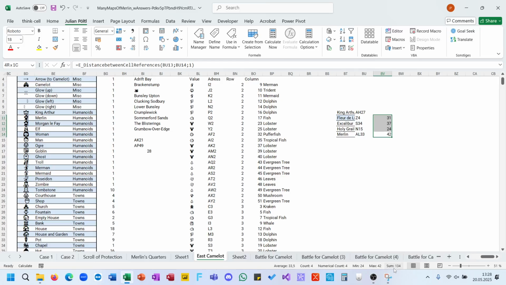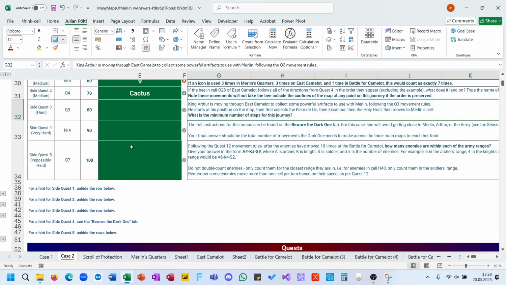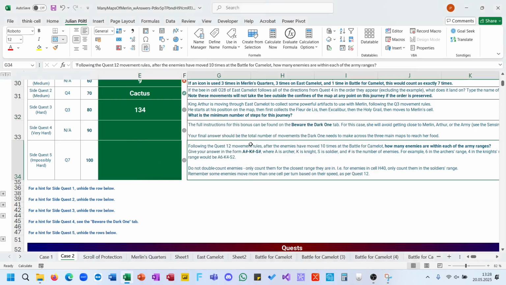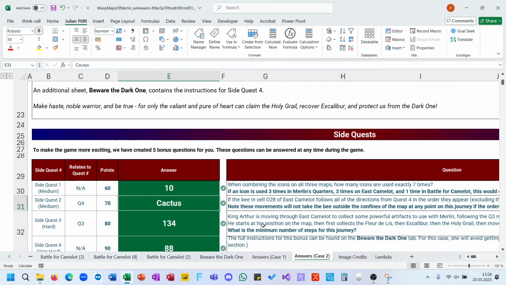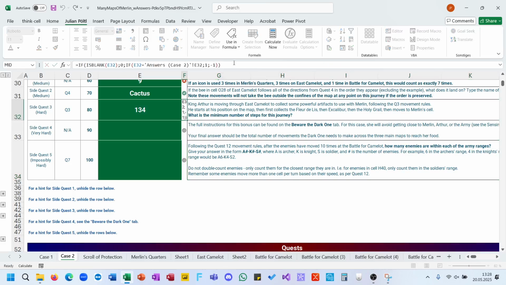And 134. Which I don't know if this is the answer. It is the answer. If this will calculate. Yes.